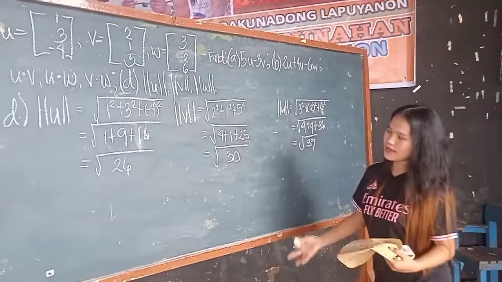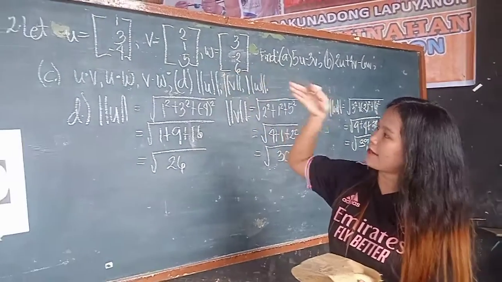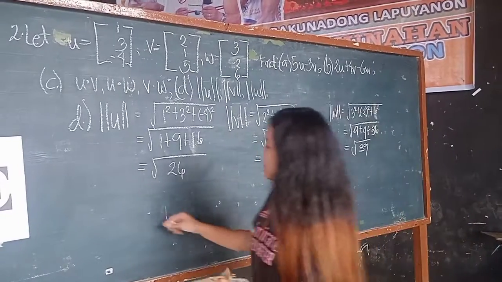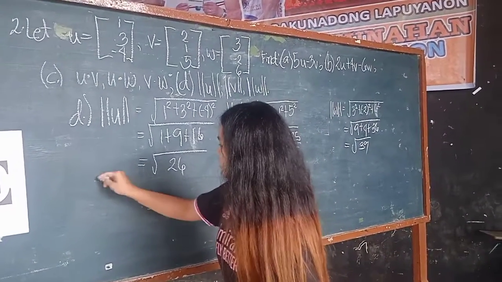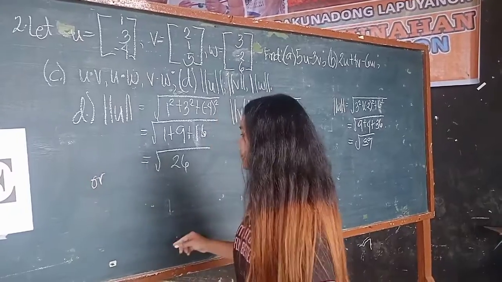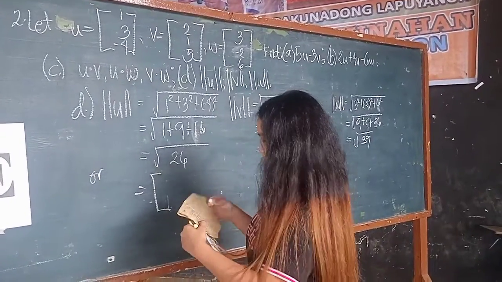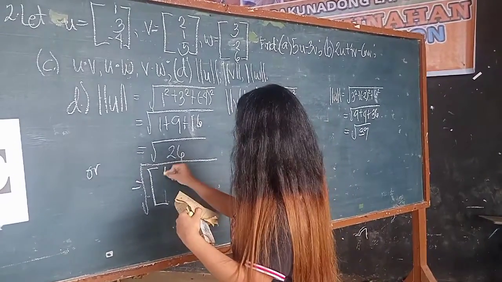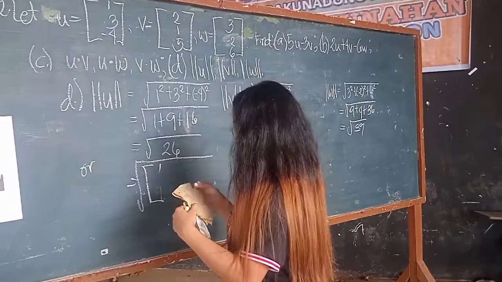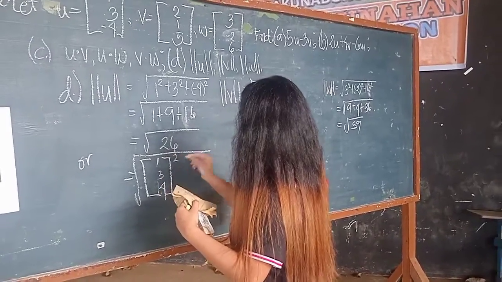So we have two methods. We can use it just like that, or in matrix form. In matrix form, it becomes the square root of the matrix 1, 3, 4 raised to the power of 2.